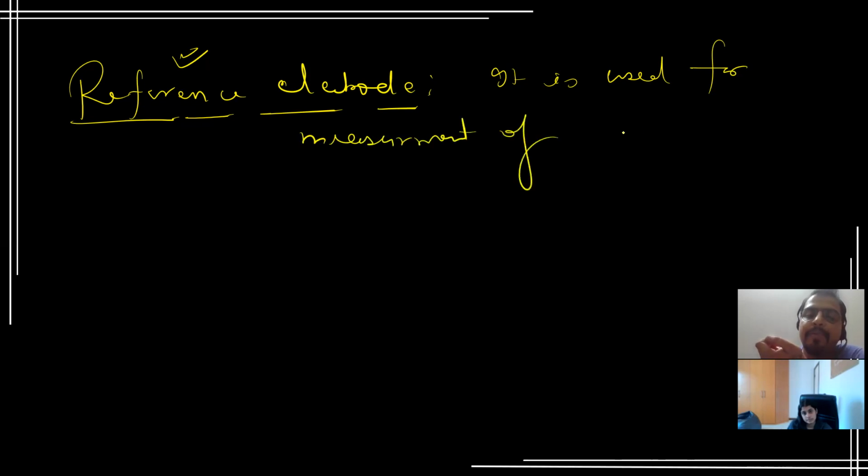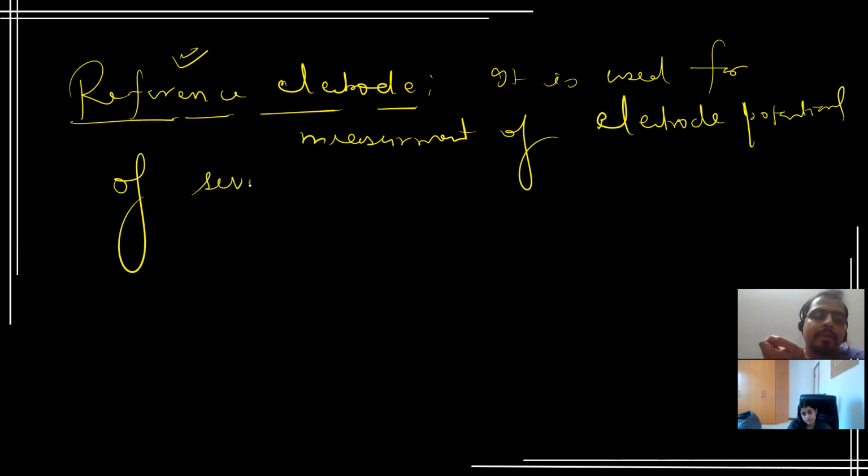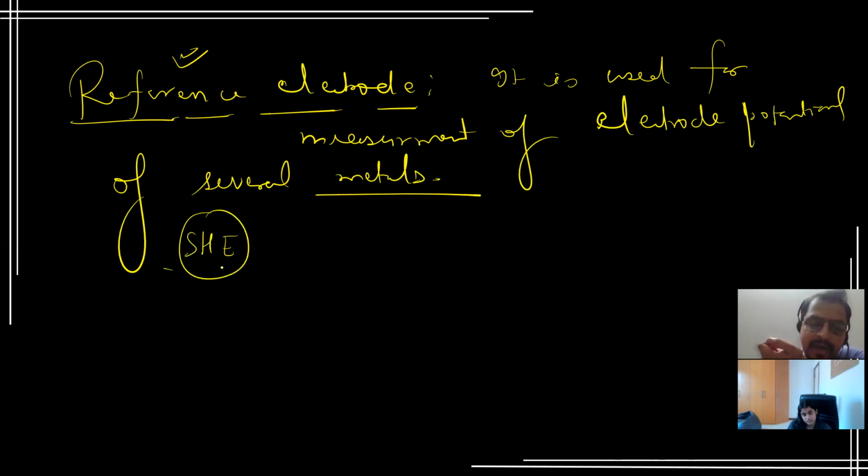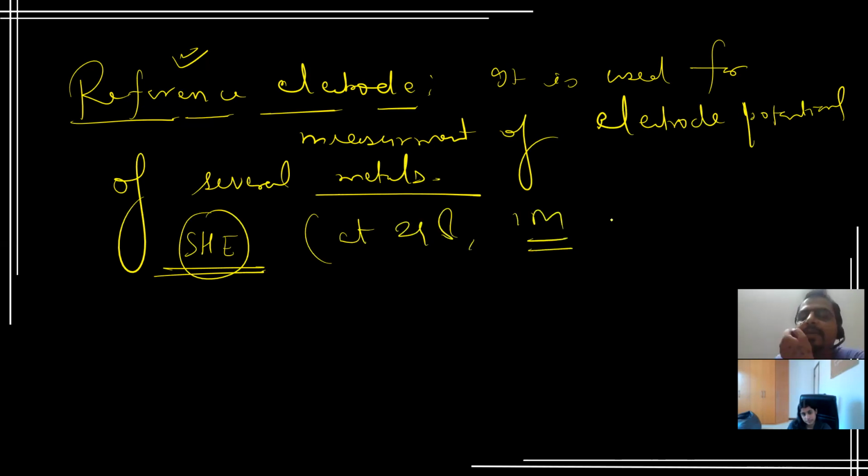Reference means it is used for measurement of electrode potential of several metals. Okay, and we have the SHE, standard hydrogen electrode, at 298 Kelvin, 1 molar concentration, 1 atm pressure.